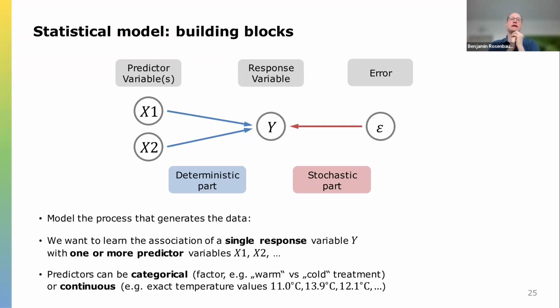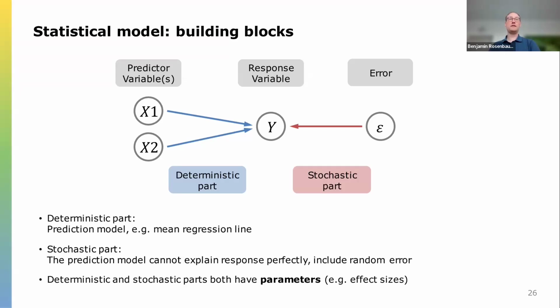Categorical, like if your temperature is warm or cold, or continuous if you, for instance, measured the temperature exactly in degrees Celsius. So this is the deterministic part of the model, and with this you will be able to calculate, for instance, the mean regression line of some association.